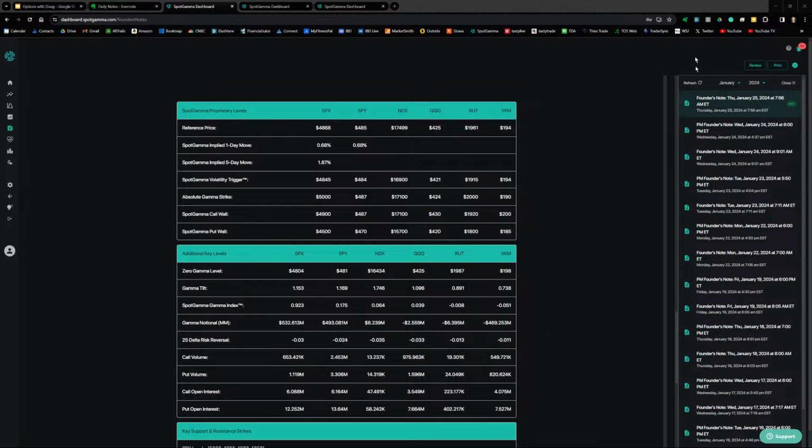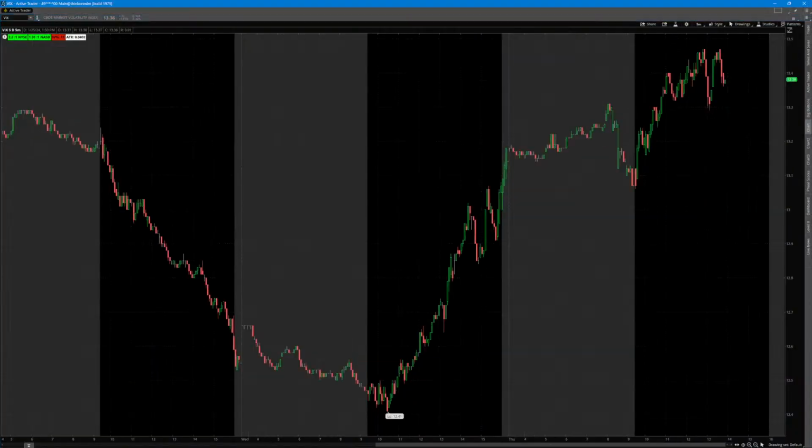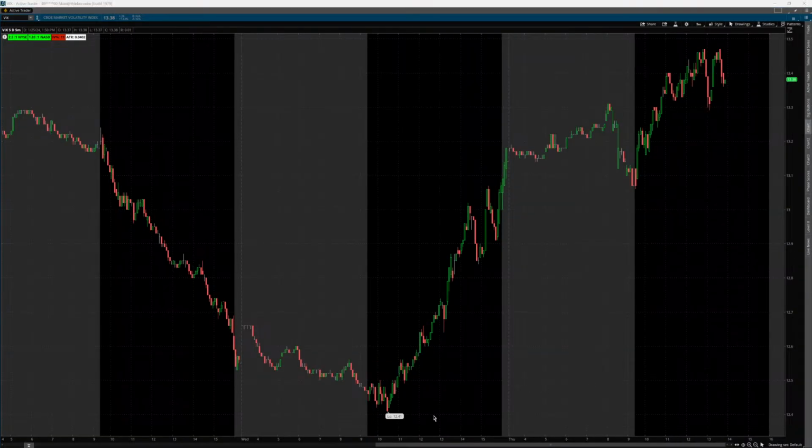All right, one other thing to point out today, something to keep an eye on, I think Caesar pointed this out yesterday, is the VIX. This is yesterday. The dark shaded areas are the regular trading hours.